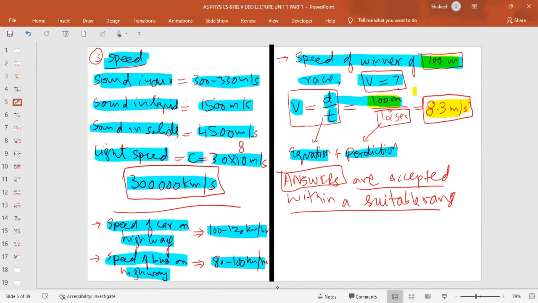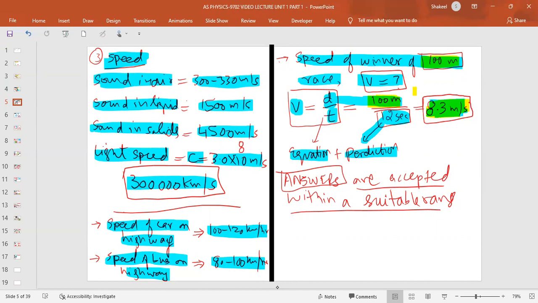Now for the time, we don't know, so we have to predict it. So we predicted the time as around 12 seconds, because for the world record, all the good runners, athletes, take almost between 10 to 12 seconds. So I'm using 12. So 100 over 12 is 8.3 meter per second, right?